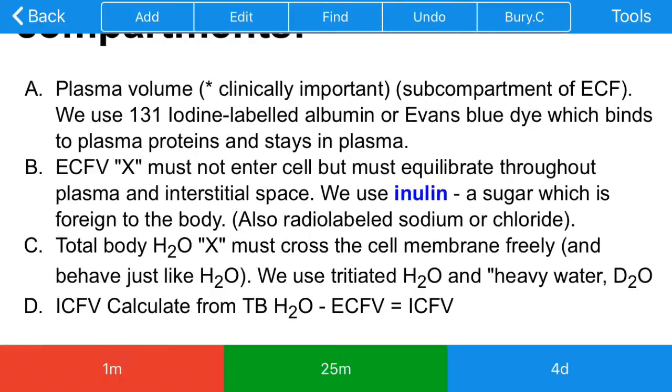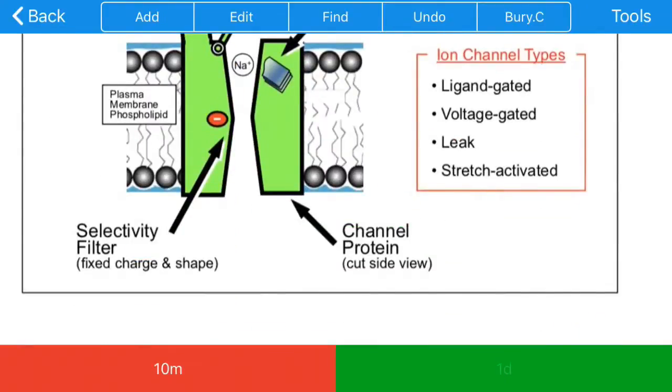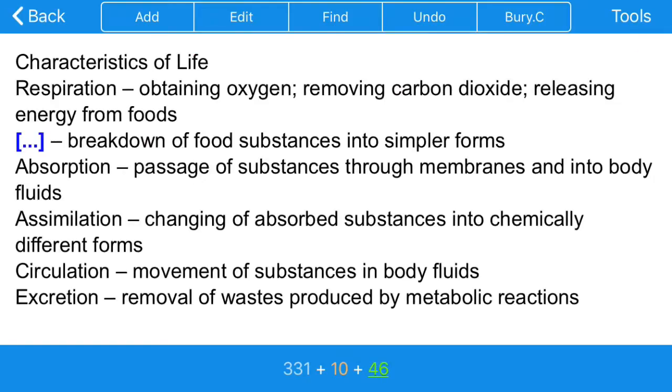Also radio-labeled sodium or chloride, right? Because those are impermeable to the cells, in a sense. Although there are sodium leak channels. Ion channel types, ligand-gated. We've already gone over the anatomy of ligand-gated channels.